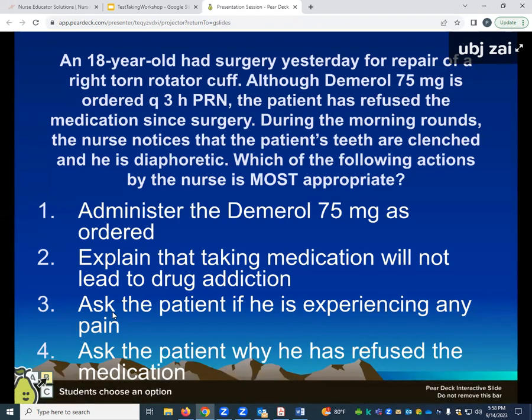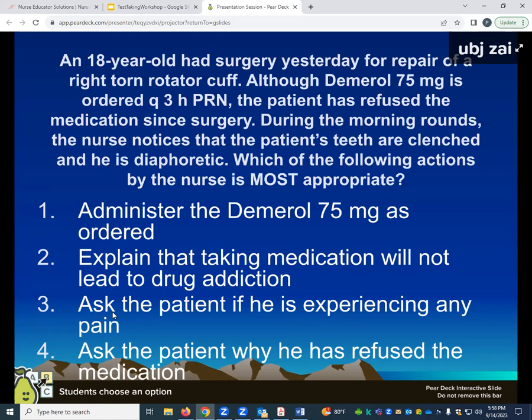Now you can say, oh, by his nonverbal actions, it appears that he's in pain, but you need to identify, is he in fact in pain? Now let's go out of NCLEX land into real life. You've asked him if he's experiencing pain, and he says, yeah, I'm in a lot of pain.